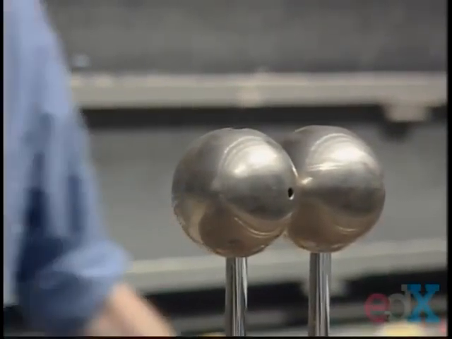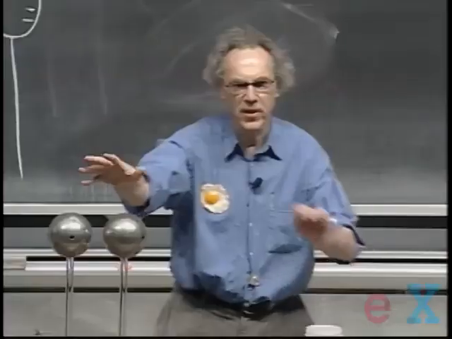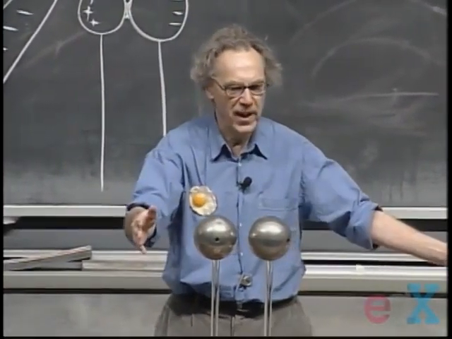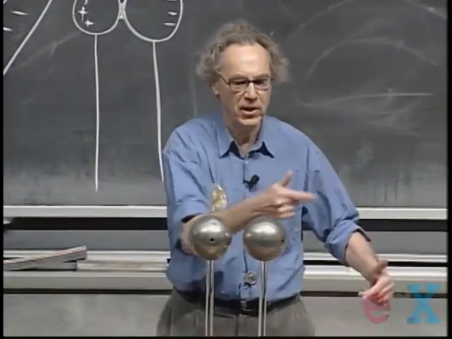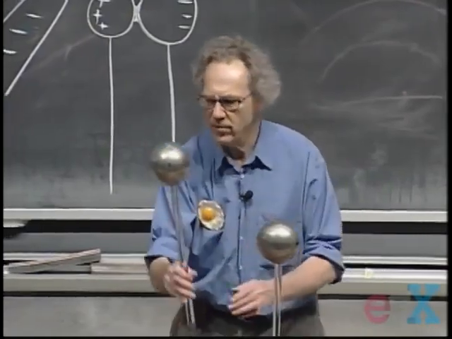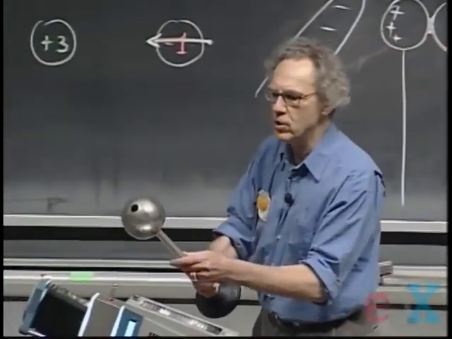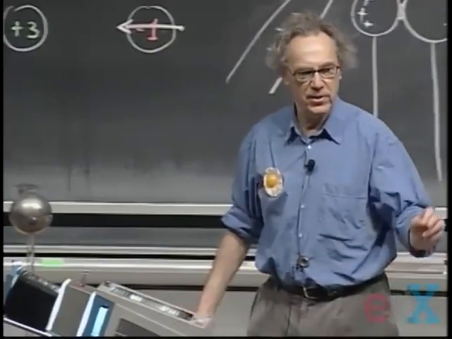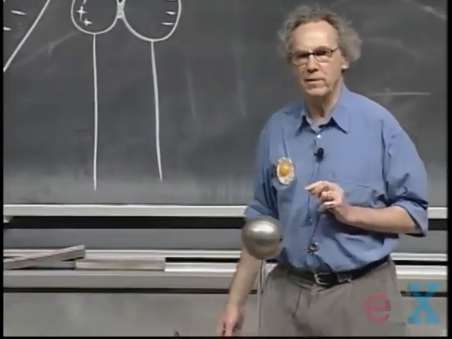As I was holding it there, things were going on in there that you and I couldn't see, but the rubber rod is negative, electrons were shifting in this direction, and this is now positive and that is now negative. If I take this one and I touch it with the electroscope, you clearly see that there is charge on this. How can I show you now that there is charge of different polarity on the other one?